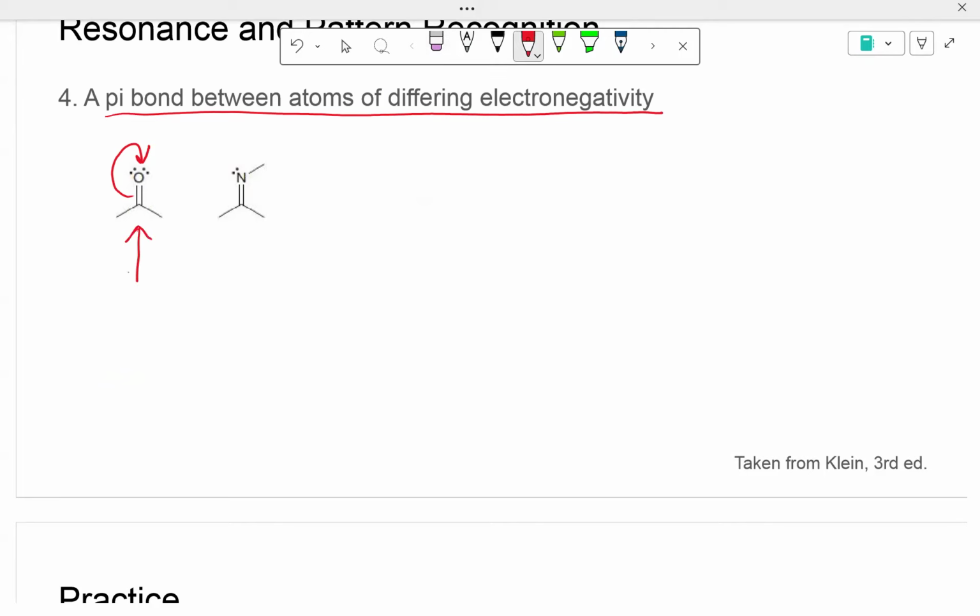So when I draw the resonance form, I always move the electrons towards the more electronegative atom. And it's the same thing for nitrogen. I'll use those pi electrons to move them towards the nitrogen. And just remembering my formal charges.